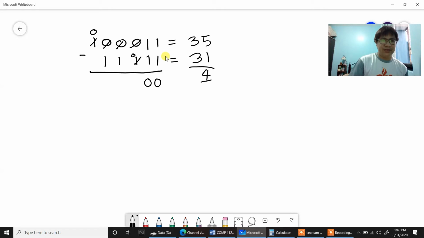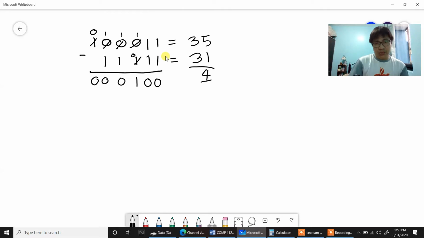Then you distribute the 1 to all the zeros, so you have 1, then another 1, then 1. Since the 1 here turned to 0, 1 minus 0 is 1. Then 1 minus 1 is 0, then 1 minus 1 is 0. Since this is 0 already, bring down 0.